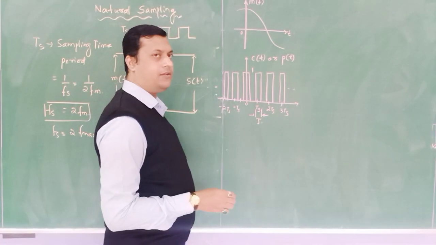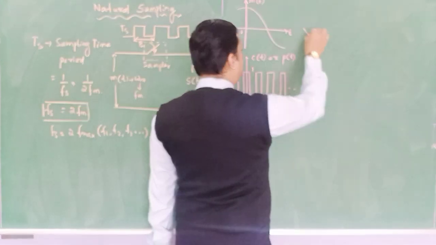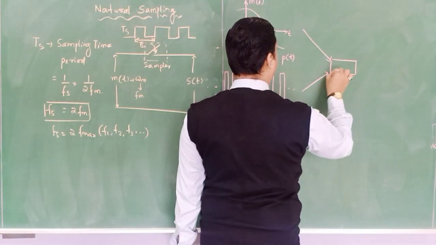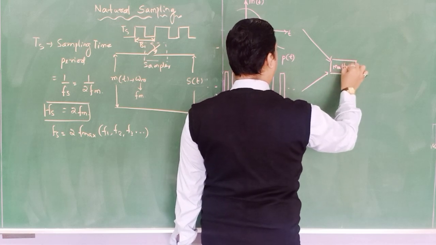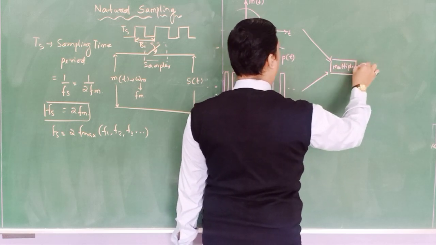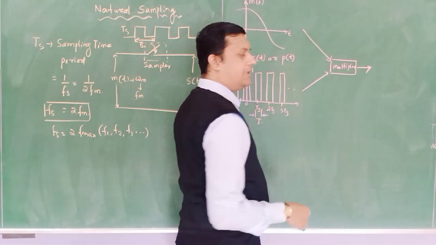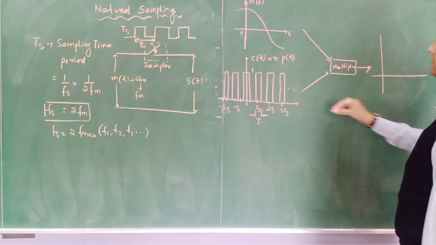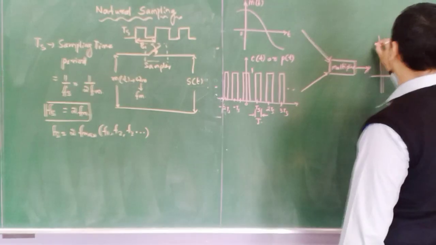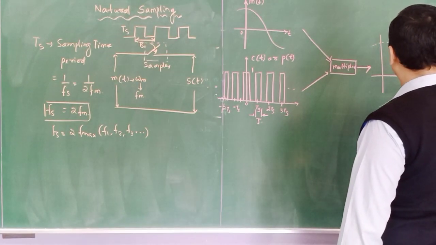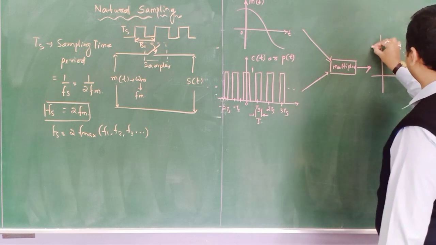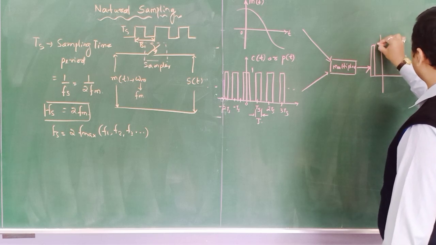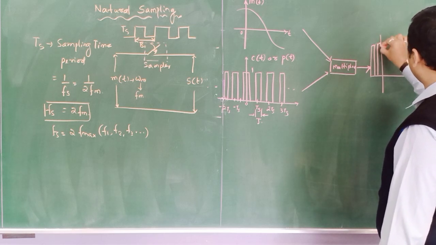Now when you feed these two to a mixer, or a multiplier, the output will be our natural sampled signal. Natural sampled signal means, here you can see, this is my modulating signal, and this is the sample variation.